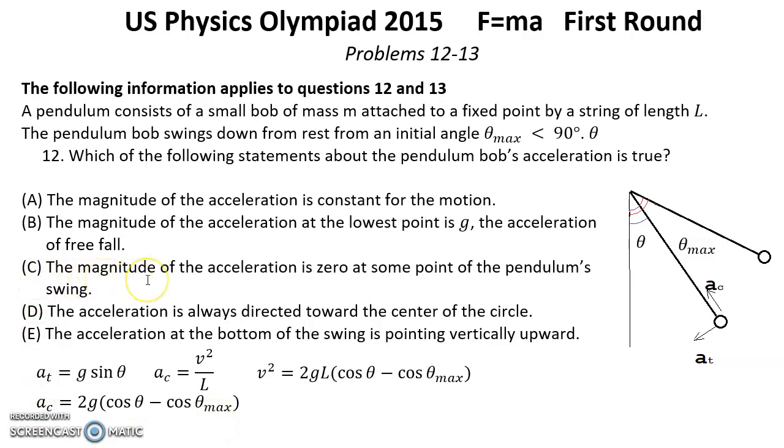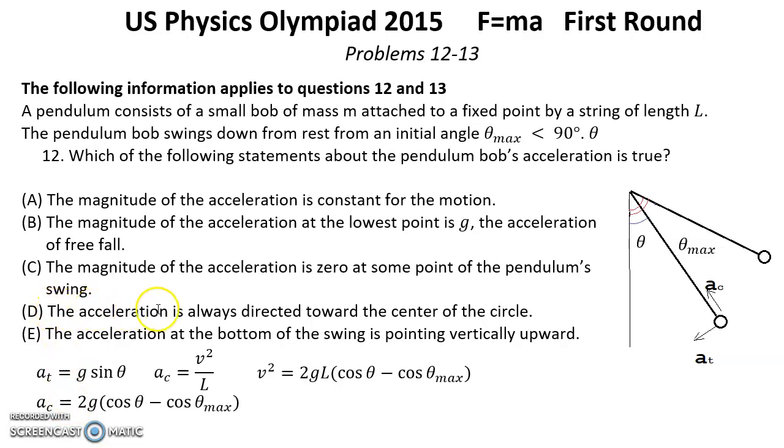C. The magnitude of the acceleration is 0 at some point of the pendulum's swing. As we can see, it's not 0. Tangential is 0 at the lowest point and the centripetal is 0 at the highest point, but both don't have 0 magnitude at the same point.